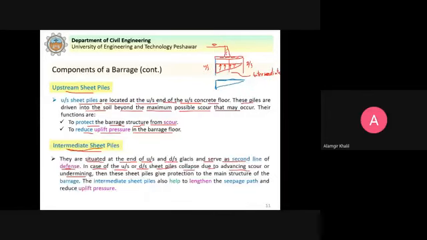So these intermediate sheet piles act as a second line of defense, and in case the upstream or downstream sheet piles collapse due to advancing cover or undermining, then these sheet piles give protection to the main structure of the barrage.